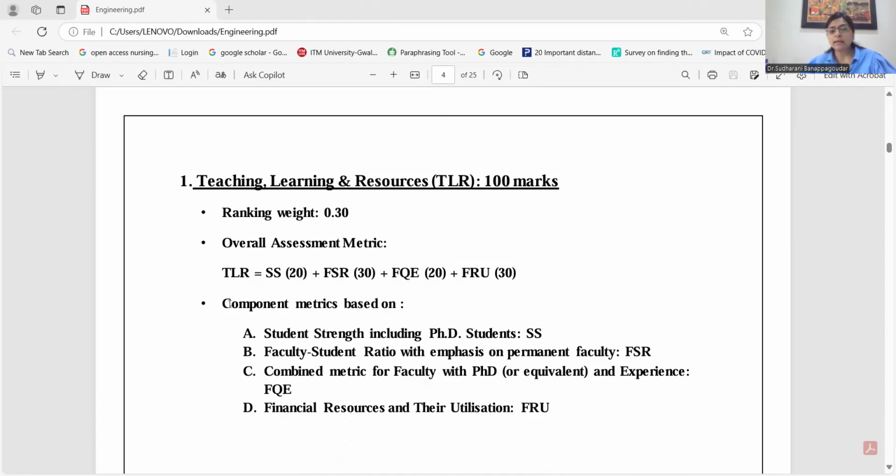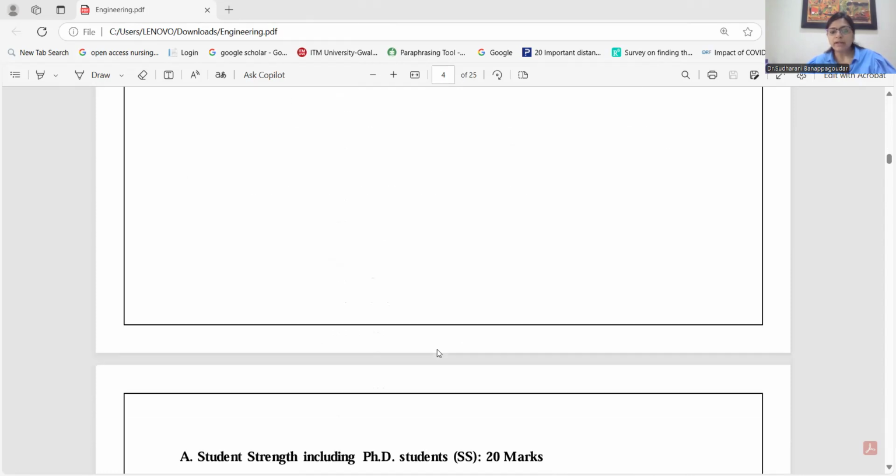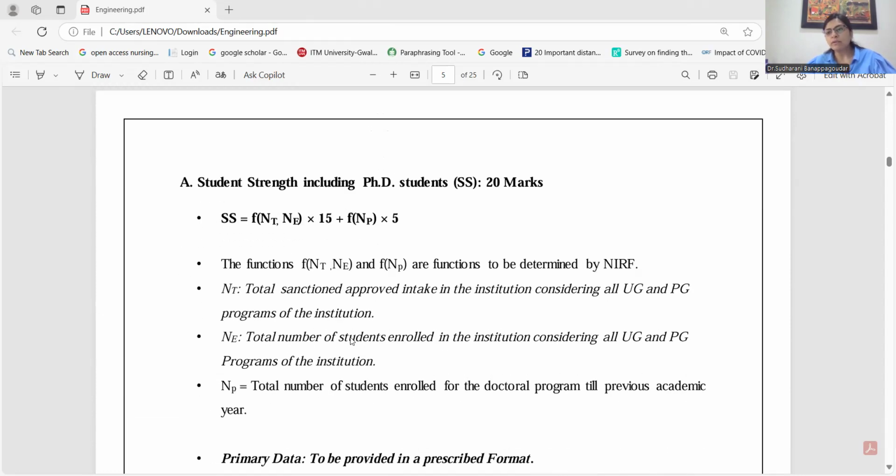So these are the component-based metrics which we have already discussed in the above formula. Now let us begin with them one by one. The first one was student strength, including the PhD students, that is SS, which carries a weightage of 20 marks. If you see the formula for student strength, SS equals F times (NT, NE) multiplied by 15 plus FNP times 5.